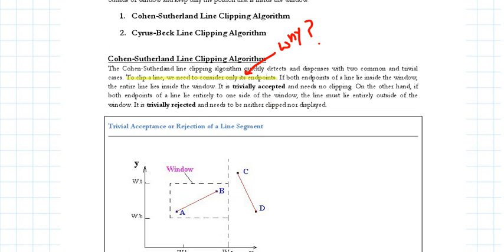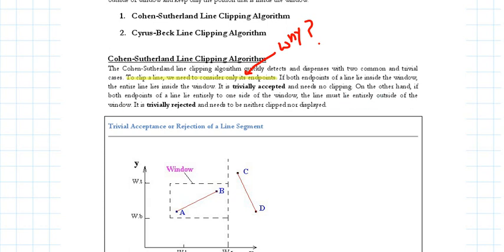What? Think of it once again. On the other hand, if both endpoints of a line lie entirely to one side of the window, not outside, then the line must lie entirely outside of the window.